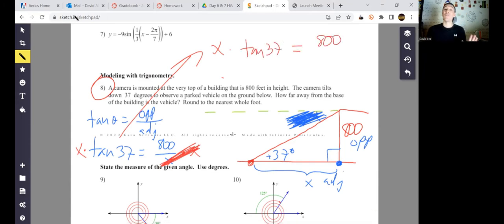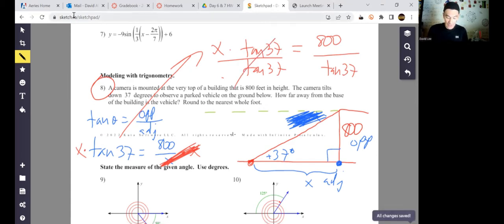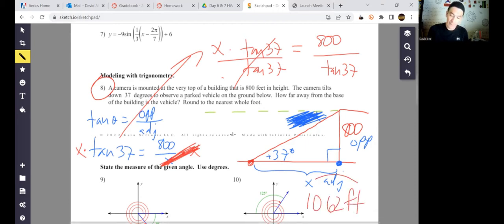But we want to solve for x, because that represents the distance between the building and the car. So we divide both sides by tangent 37, because that's just like a number. Make sure your devices are in degrees. We go 800 divided by tangent 37, and that's how they get a distance of about 1,062 feet.